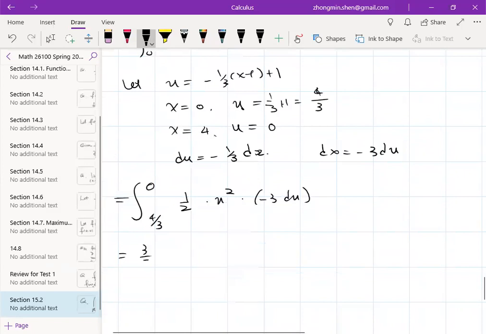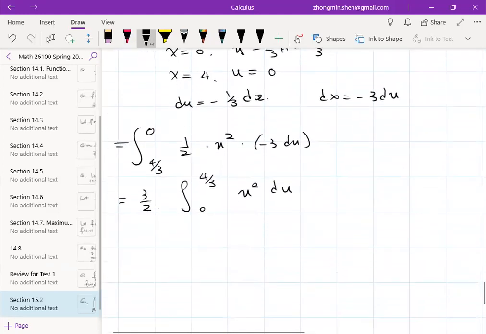So it becomes 3/2 times the integral from 0 to 4/3 of u squared du. Then the antiderivative is u cubed, and from 0 to 4/3, the answer will be just 4/3 cubed. So that is it.